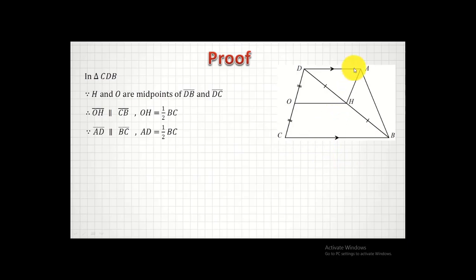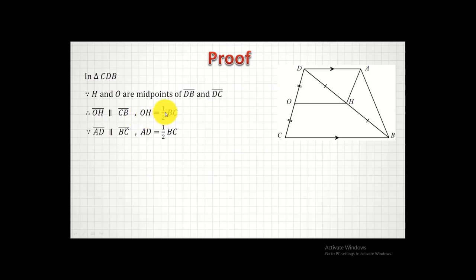And since AD is parallel to BC, and AD equals half BC, here AD is parallel to BC, and OH is parallel to BC. Then OH is parallel to AD.